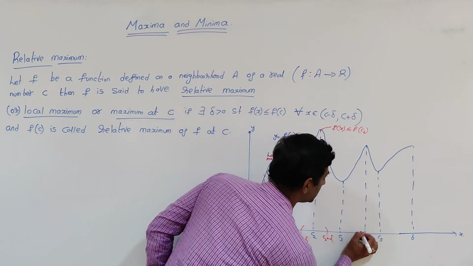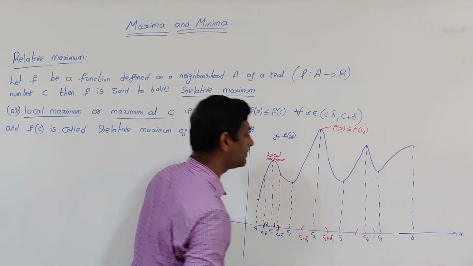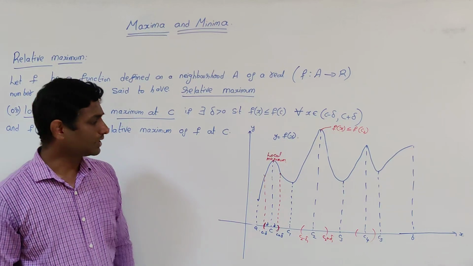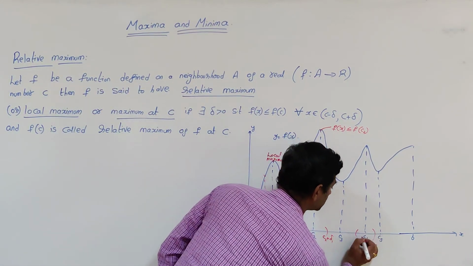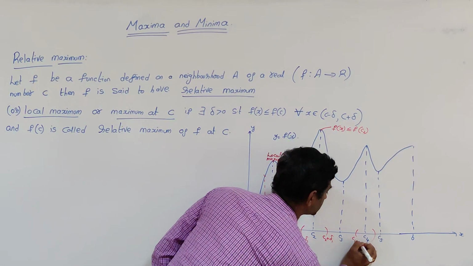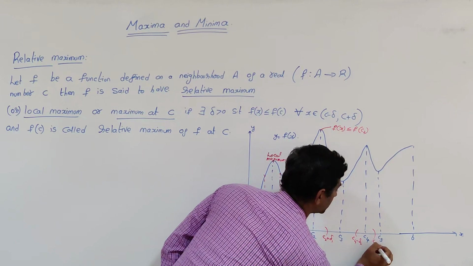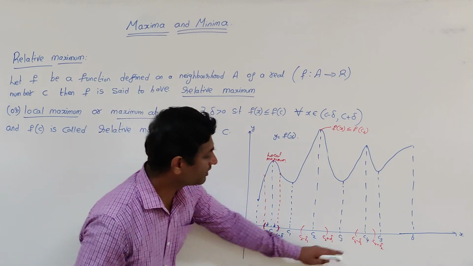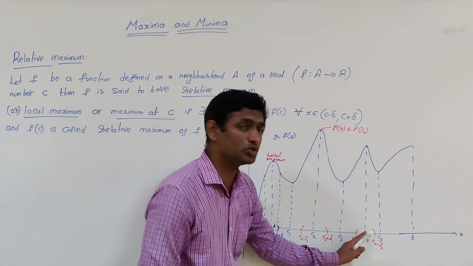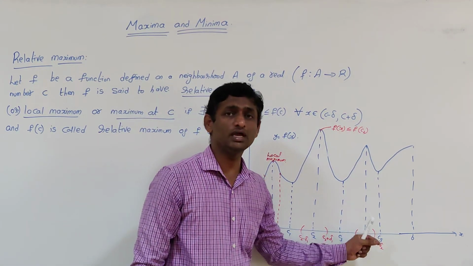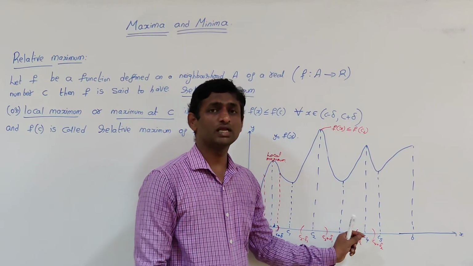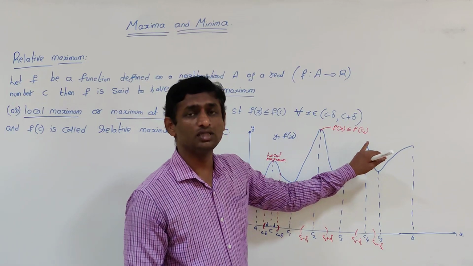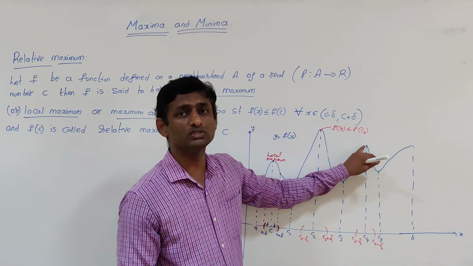Similarly, there is C4, and if we consider a small neighborhood of C4 with some delta 2 distance, so C4 minus delta 2 to C4 plus delta 2, all the outputs in the neighborhood of C4 are less than the function value at C4.